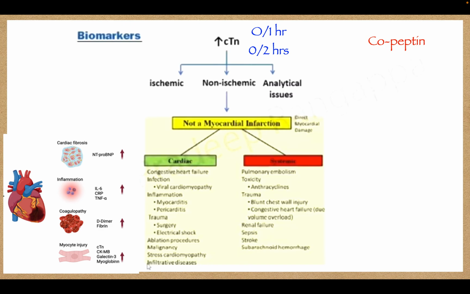As you could see here, with a raised pro BNP, we need to suspect cardiac fibrosis. The same is true for IL-6 or CRP for inflammation, D-dimers and fibrin for coagulation abnormalities, and troponin and CPK-MB for myocardial injury.